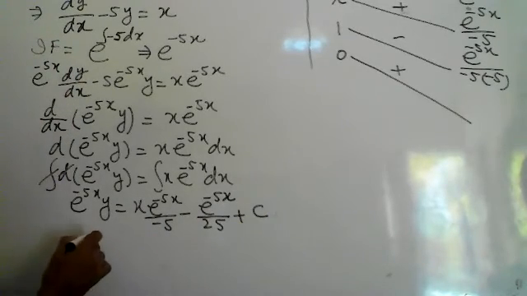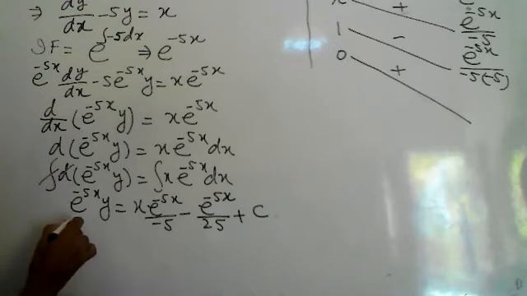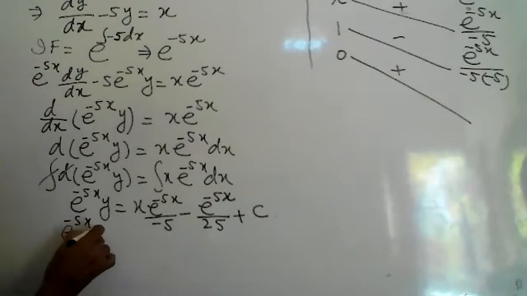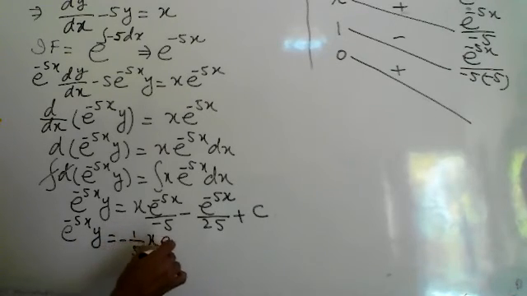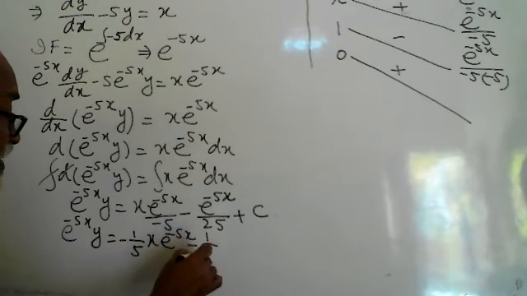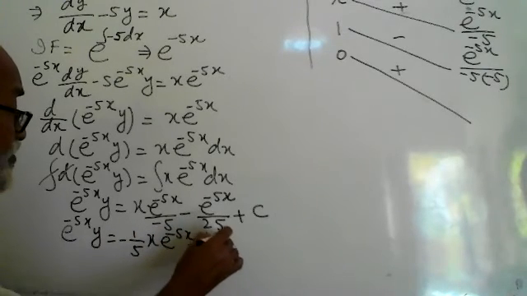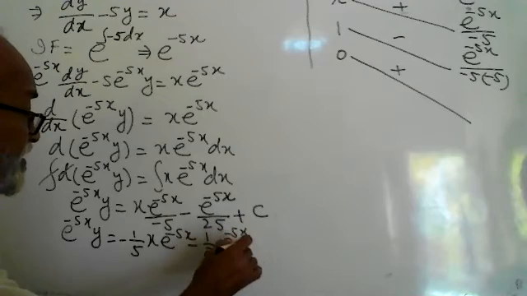If I do it over there: y e raised to power minus 5x is equal to minus 1 upon 5 x e raised to power minus 5x minus 1 upon 25 e raised to power minus 5x plus c.